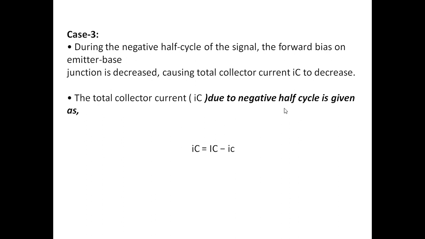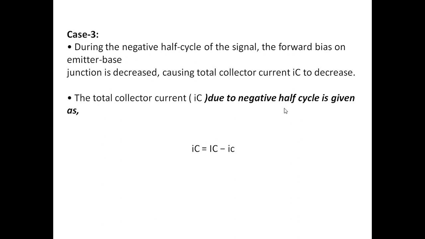Obviously, it will decrease. The total collector current small i capital C due to the negative half cycle is given as small i capital C is equal to capital I capital C minus small i small c. Therefore, the net current at the collector junction will decrease due to the negative half cycle.